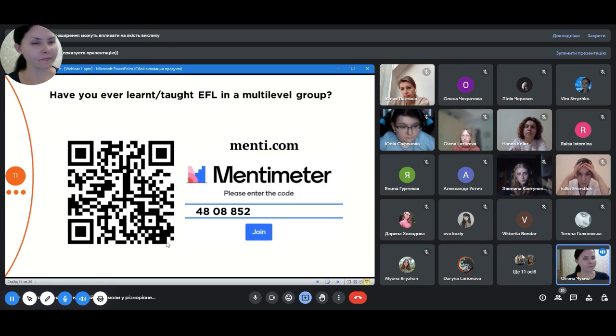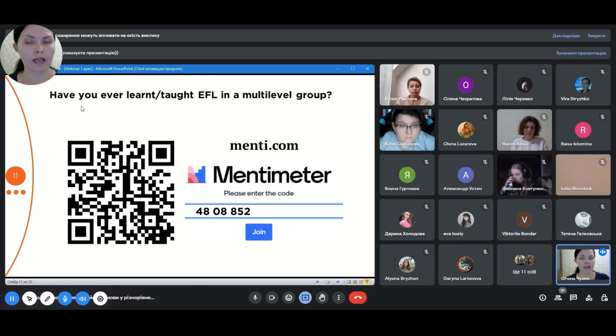So, now I want you to interact a bit. I want you to go to menti.com. You can scan the code if you want. You can use the website and type in the code and just answer one question. You will find one question there. Have you ever learned or taught English as a foreign language in a multi-level group of learners?